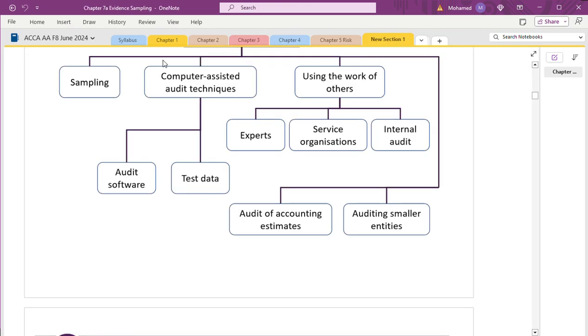If you have seen the screens, there are chapters 1, 2, 3, 4, 5 and so on. I will first rename it. I have divided chapter 7 under different parts, which makes things very easy.